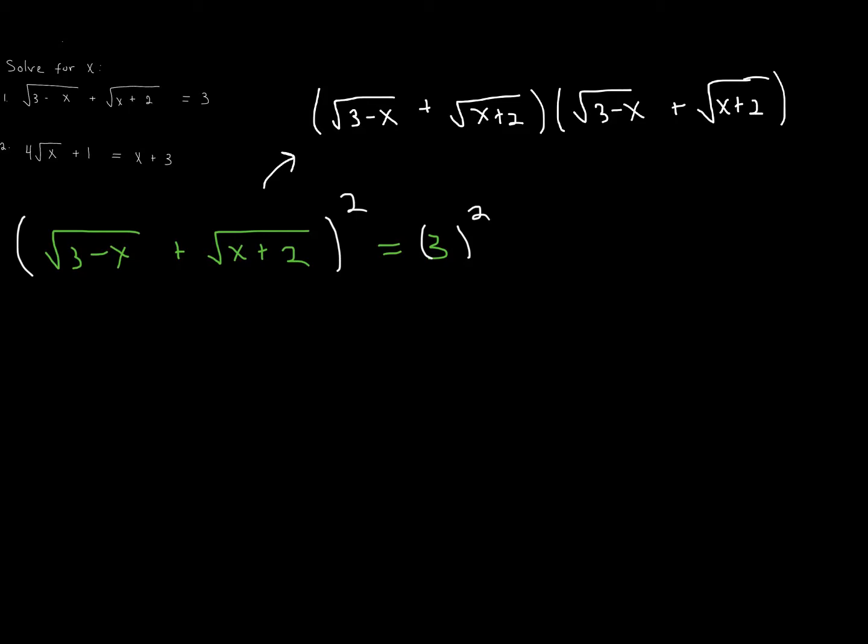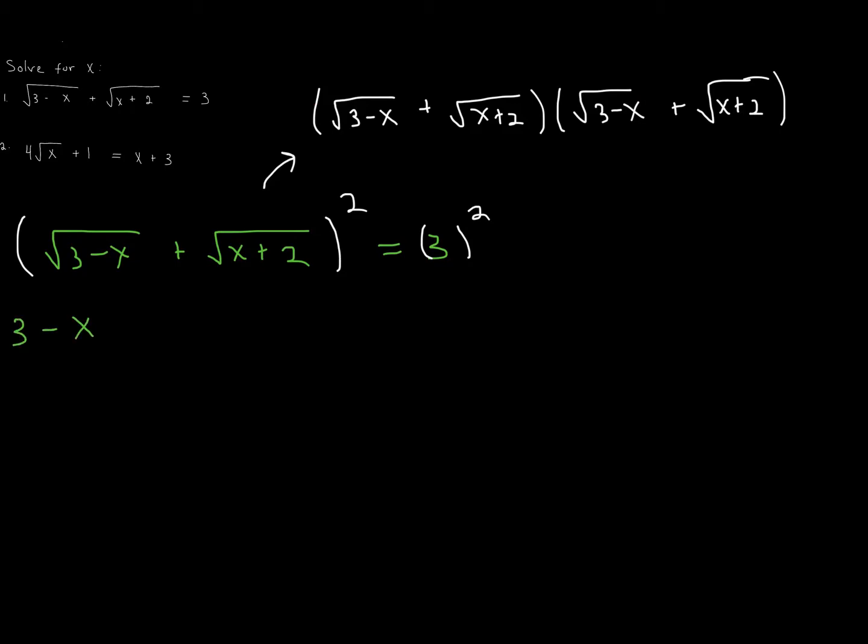So, of course, I'm going to multiply the first two terms, and when I multiply the first two terms, I'm going to end up with, well, the square root of something times itself. So the square root's going to go away, because this is really squaring, I'm multiplying by itself, and so I'm going to end up with 3 minus x.